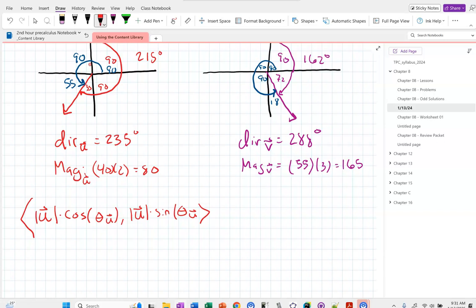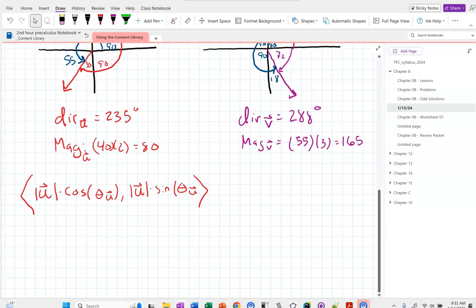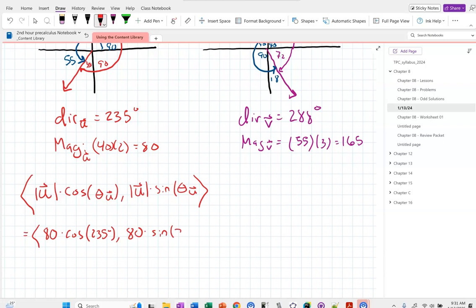Component form means it's the notation with the angle brackets. So if we do that, we're going to have 80 times cosine of 235, comma 80 times sine of 235. And we'll go to our calculator here and compute that.